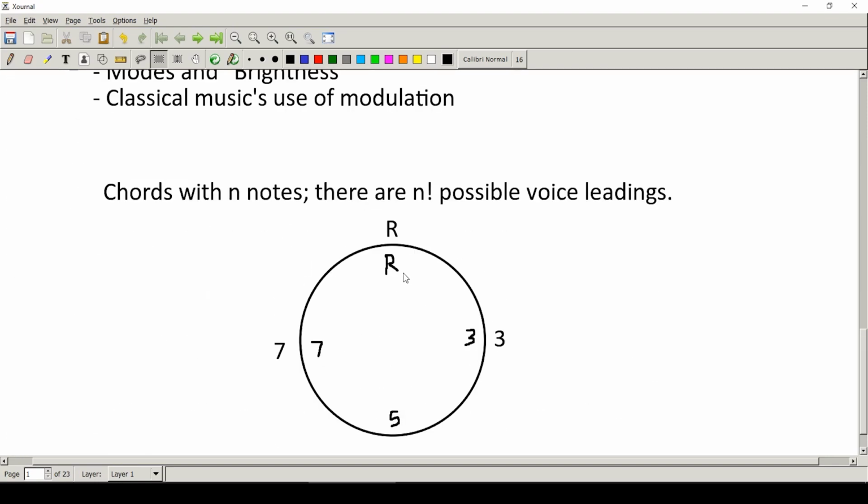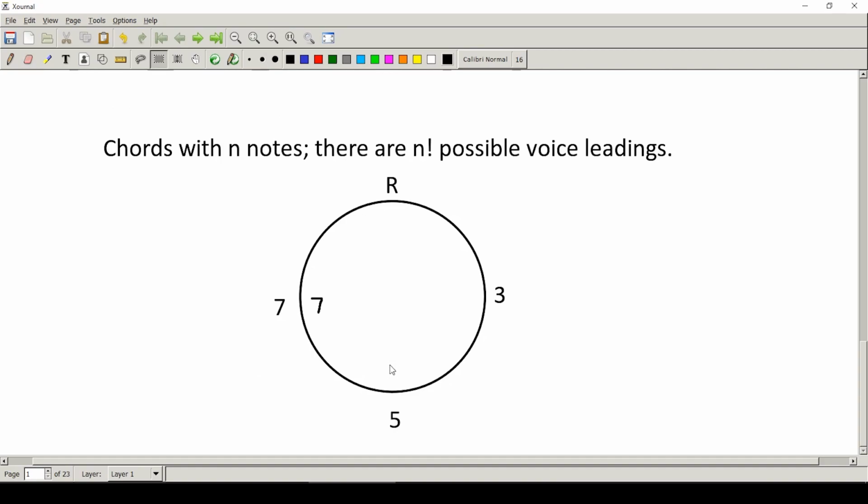Again, I can use this principle to figure out where the other notes ought to go. If the root of my first chord becomes the third of the second chord, then the third should become the fifth, the fifth becomes the seventh, and the seventh becomes the root.